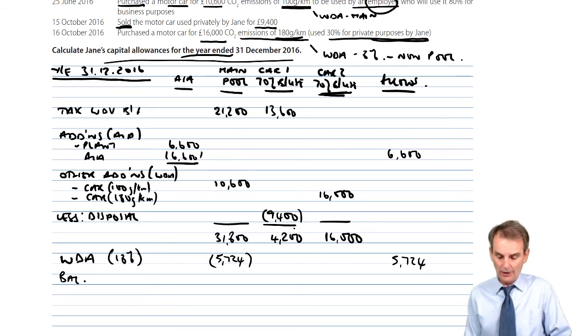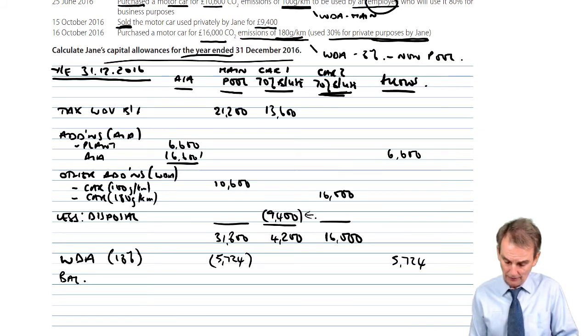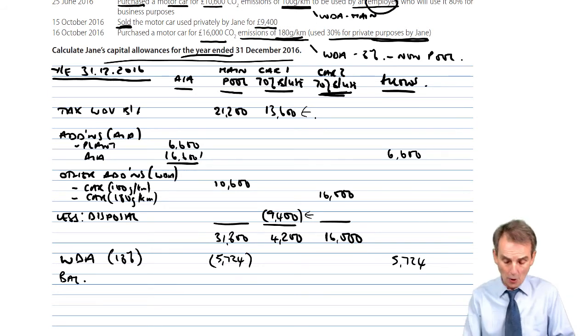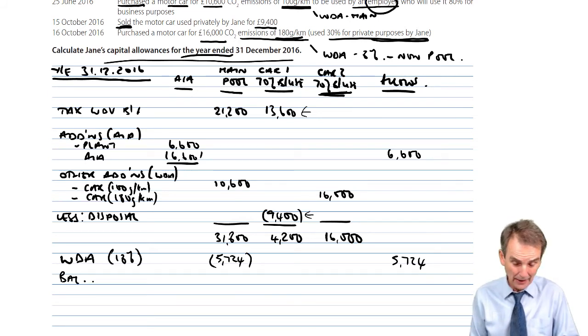Now we see that it has been sold for 9,400, so it's been sold for less than its tax written down value. Now if you need to, go back to your note, look at what happens where this asset is sold for less than the tax written down value. That gives rise to a balancing allowance.